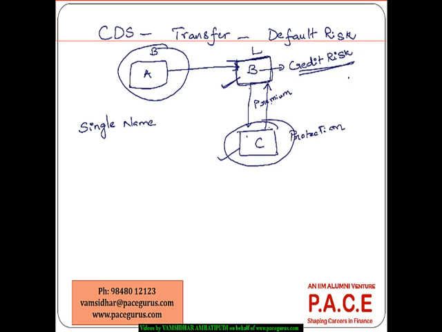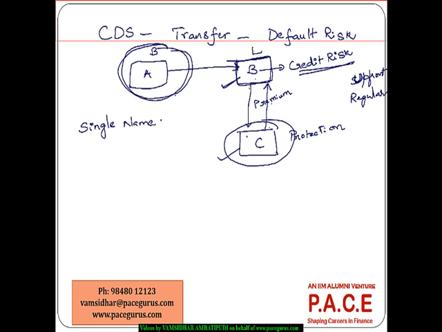Here this premium, just like an insurance policy, could be a single premium, which is otherwise called an upfront premium, or it could be a regular premium, which is a periodic fee to the protection seller for the notional amount of debt and for a specific reference entity.